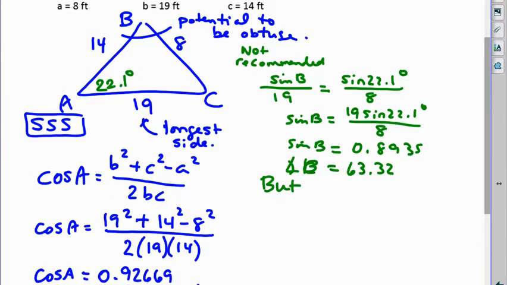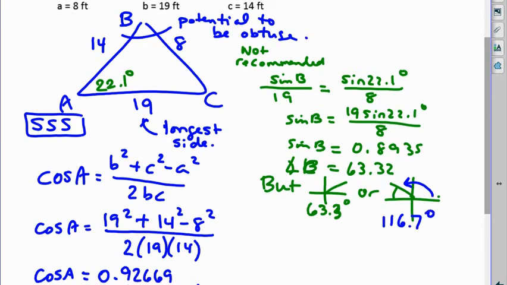But was that correct? Was it 63.3 degrees? Or was it in quadrant 2 with a reference angle of 63.3, with my angle being the obtuse angle? Was it really 116.7 degrees? Which one was it?